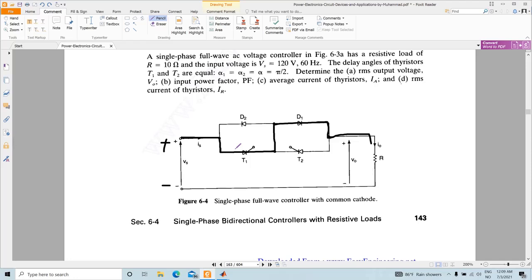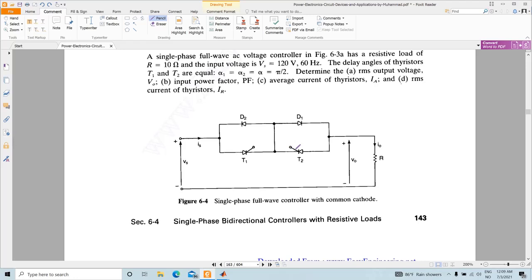So this is the benefit of using this particular circuit: you can use the same driver circuit to drive both of these thyristors, but at the expense of having more diodes, and another expense is also the losses in the circuit.